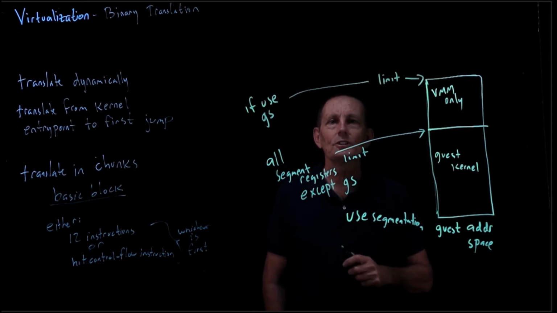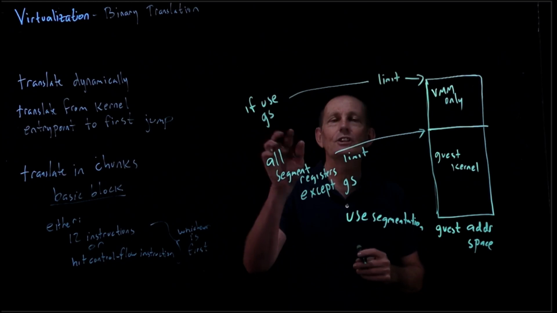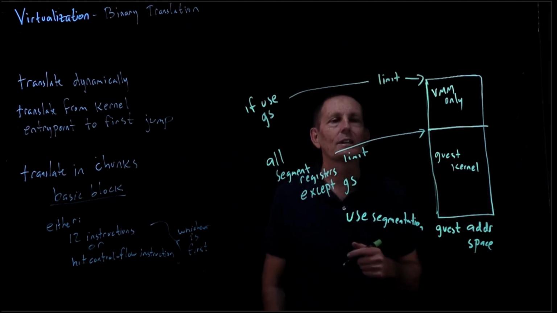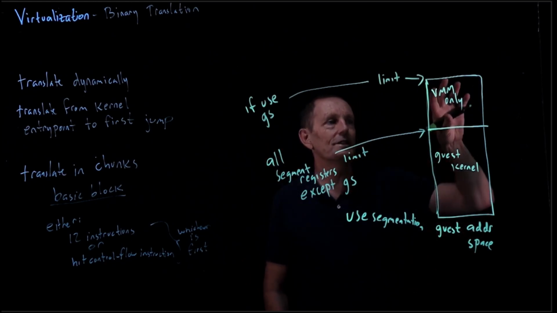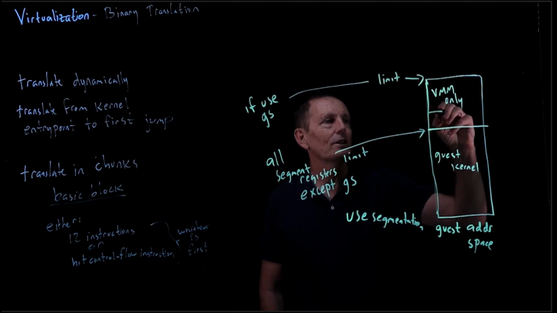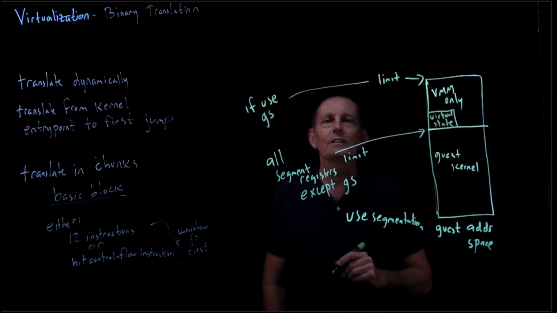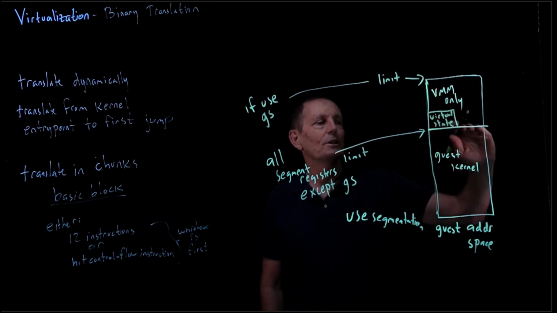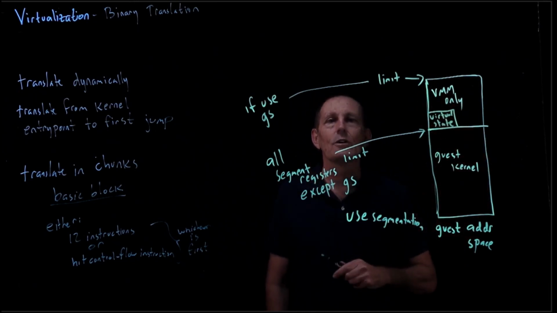So what we are going to do is make sure that we use the GS segment any time we want to get up into here, for data. So this might be, for instance, emulated virtual state, like let's say virtual EFLAGS. That will store up here where the guest kernel has no access to it, can't see it, doesn't know it exists.